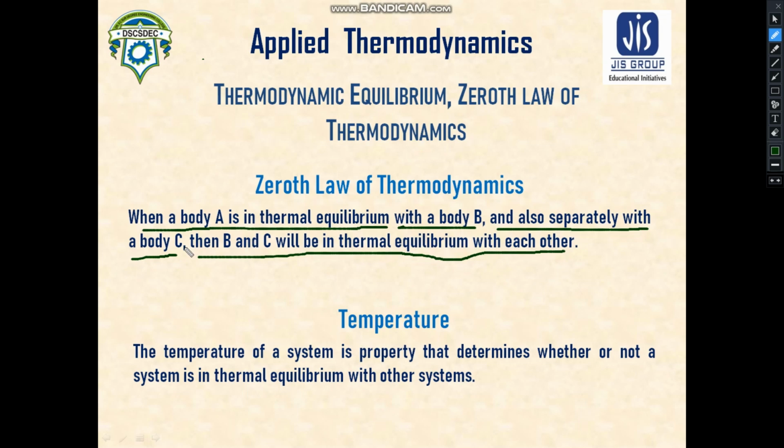So here in the diagram, earlier I had just mentioned A is in equilibrium with C, B is in thermal equilibrium with C. So that means A and B will also be in thermal equilibrium with each other. So this is very simple and this is school level things.